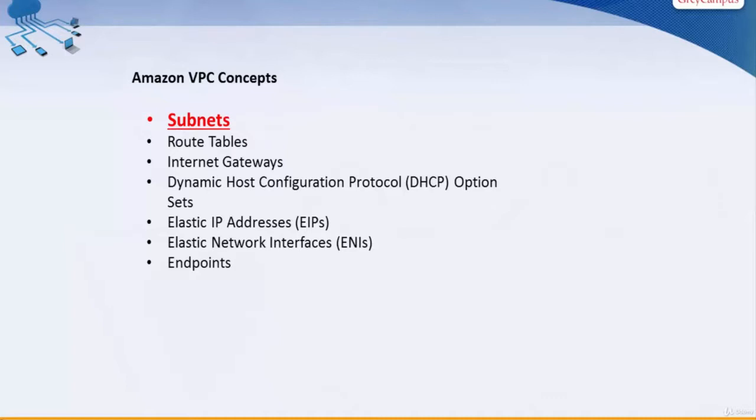If I don't want dynamic IP addresses, or if I need two NIC cards, then I can go for an elastic network interface card. And then we'll also be talking about endpoints, how I can make my VPC connect with a bunch of other services in Amazon. So let's go over them one by one in the coming sections.